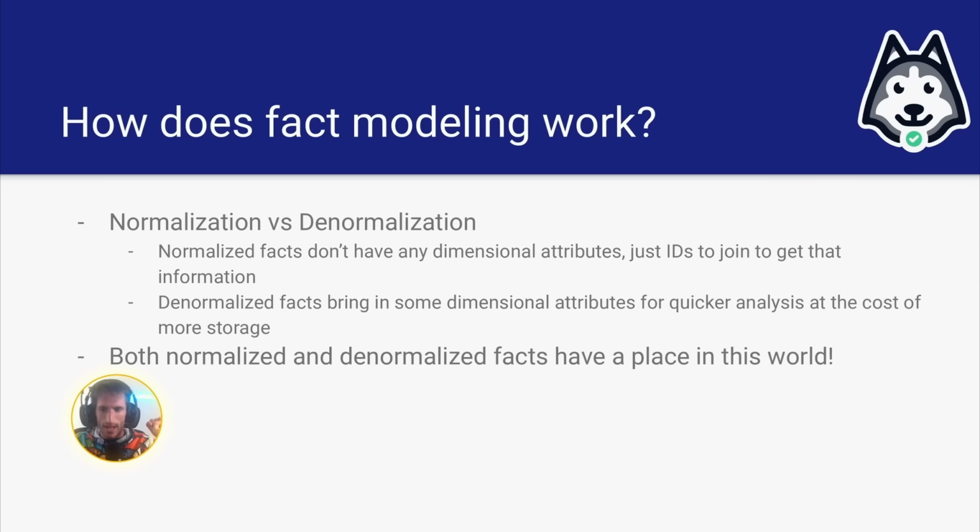So what is the difference between normalized and denormalized? Imagine you have your record of Zach logged in at this time, but it wouldn't be Zach, it would be user ID 17 logged in at this date. And so you would have that as a record. But maybe for your analyses, you don't want to do a join.